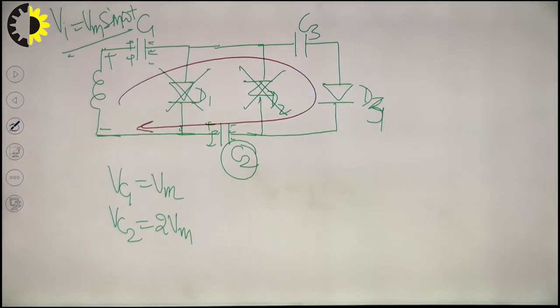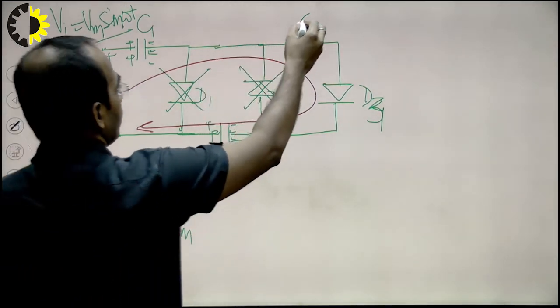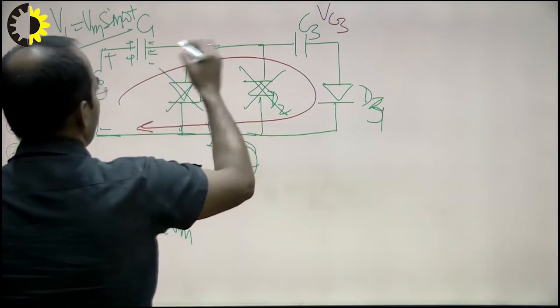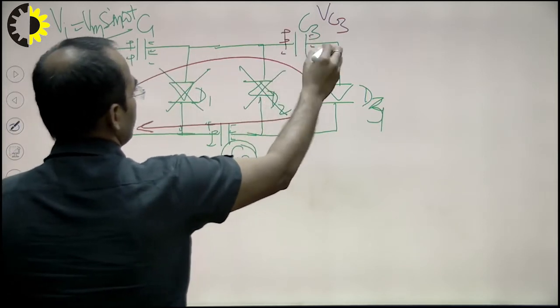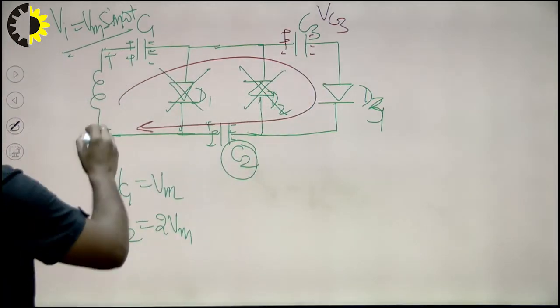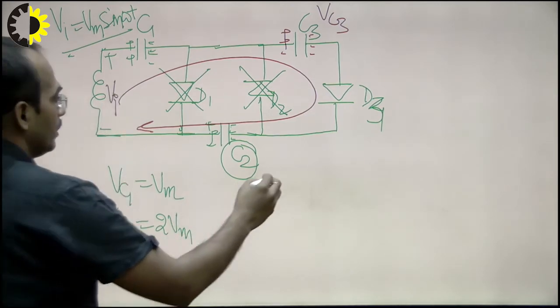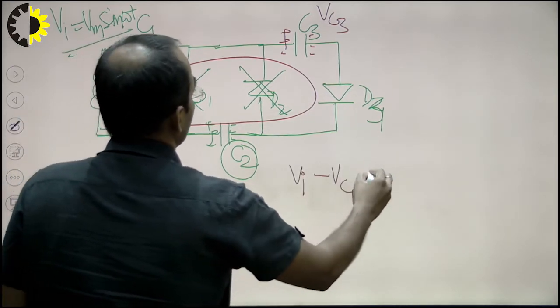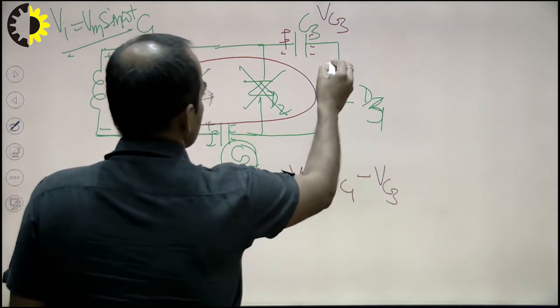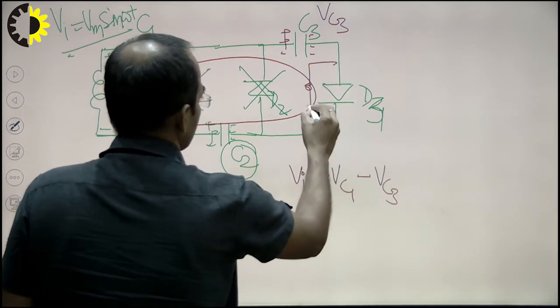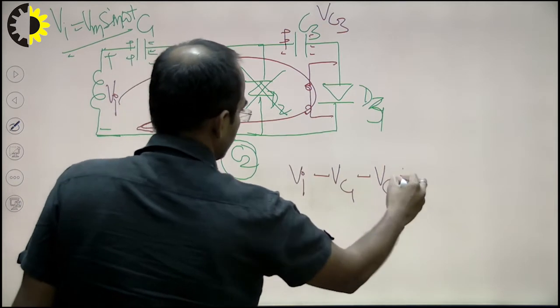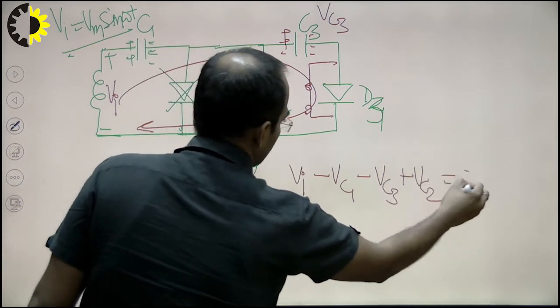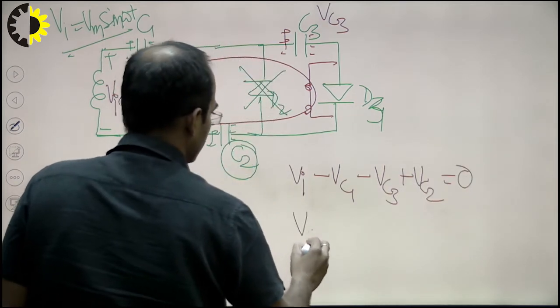What will be the value of Vc3? I will find it by applying the KVL in this loop. So, input is Vi minus Vc1 minus Vc3, this diode is short circuited, plus Vc2 is equal to 0. So, what will be the value of Vc3?